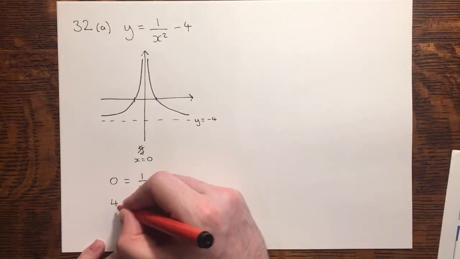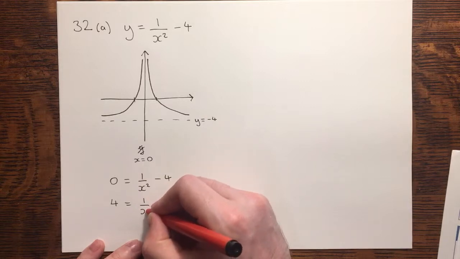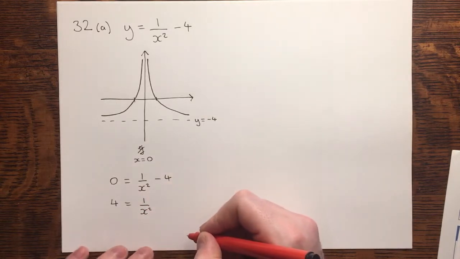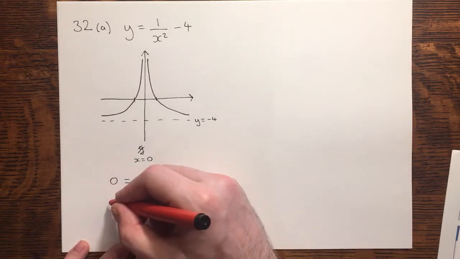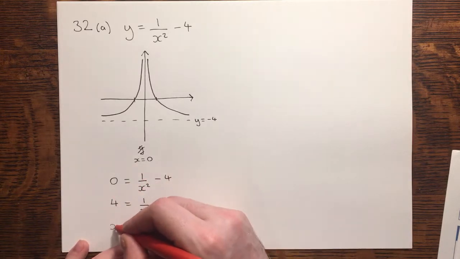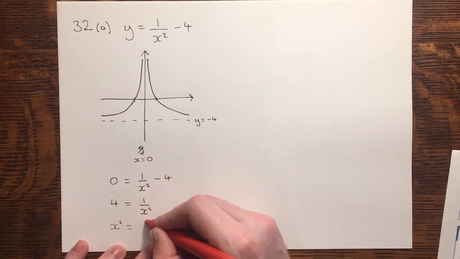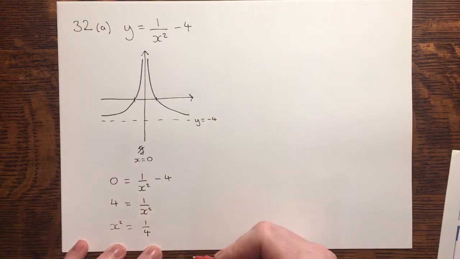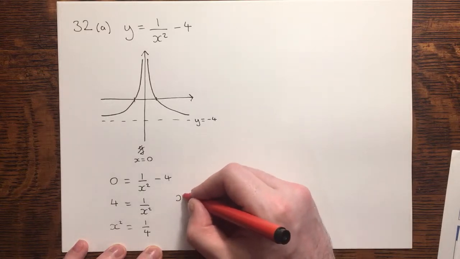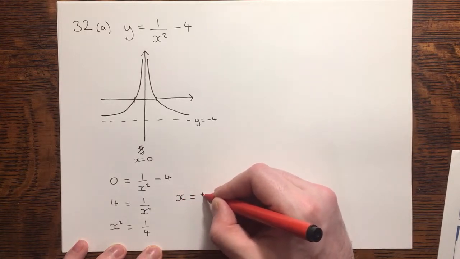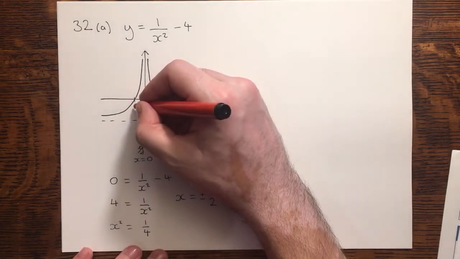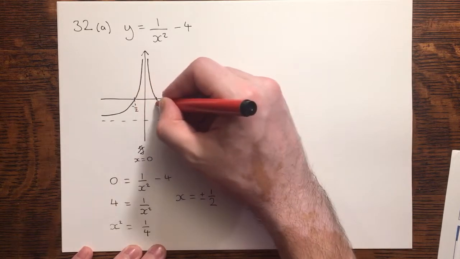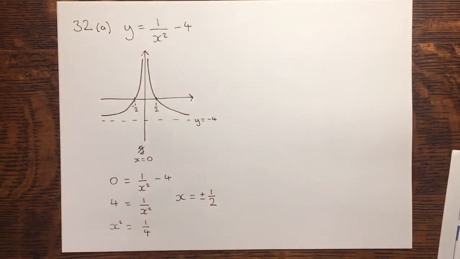Adding 4 to both sides, and then multiplying both sides by x squared and dividing both sides by 4, and then square rooting both sides, I find 2 solutions, minus a half and positive a half. And that completes part A.